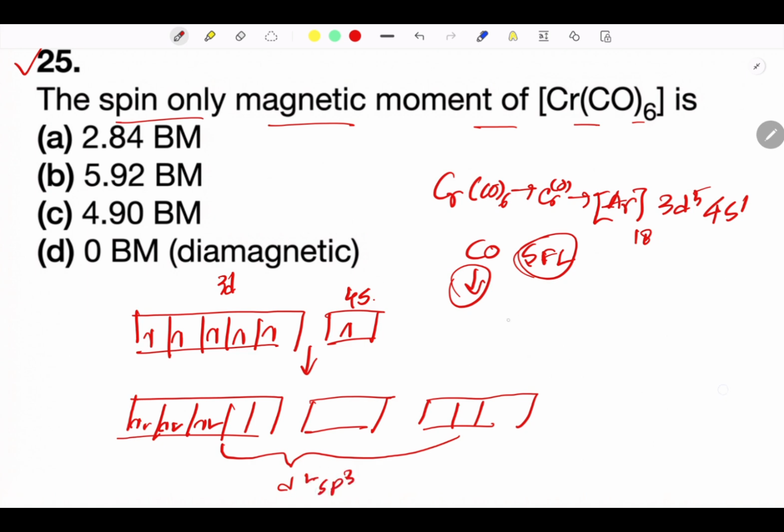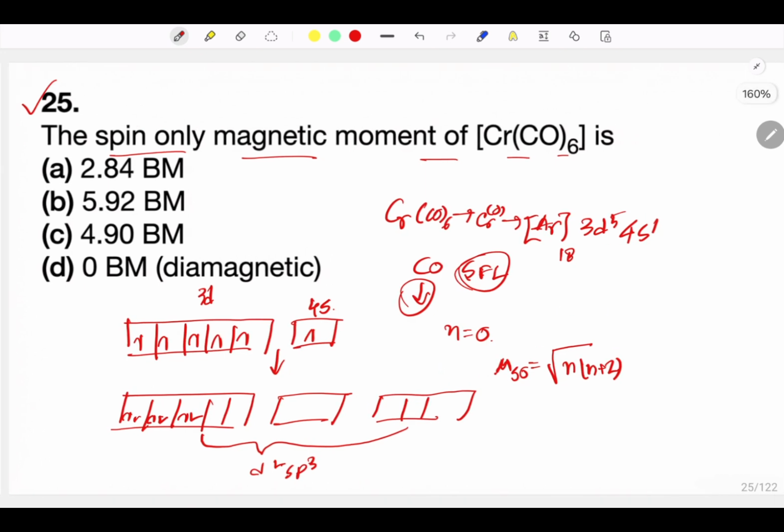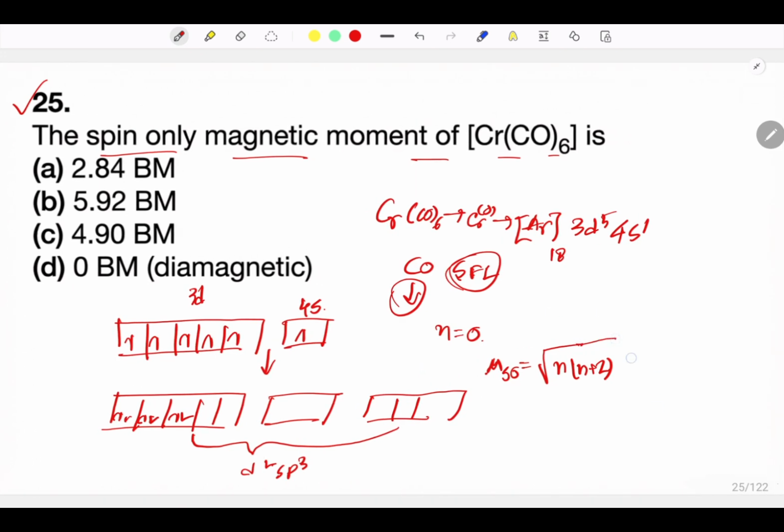That's why the number of unpaired electrons is 0, and the spin only magnetic moment is equal to the square root of n into n plus 2 Bohr magneton, which equals 0. So the correct option will be D, the diamagnetic one.